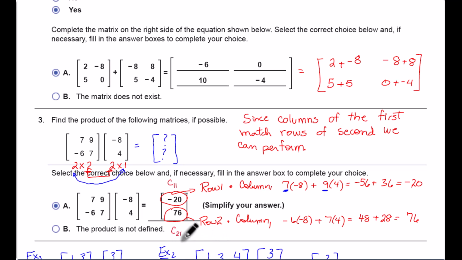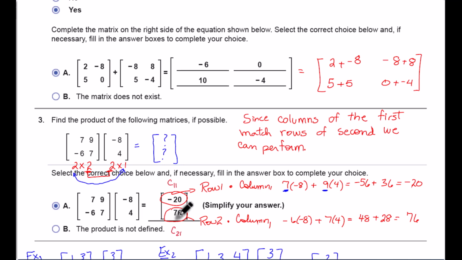So that means I need to take row 2 of the first, multiply it by column 1 of the second. So minus 6 times minus 8, that's a positive 48. 7 times 4 is 28, and if I add that up, I get 76.